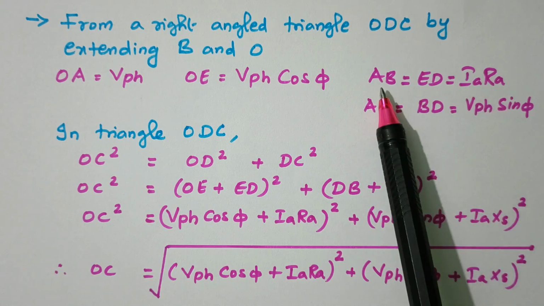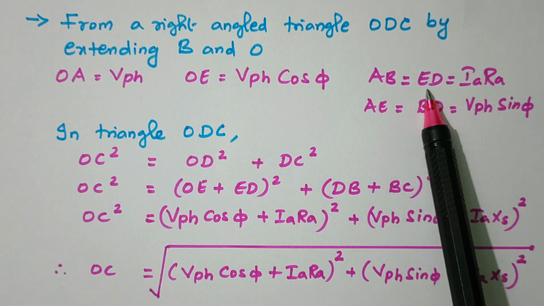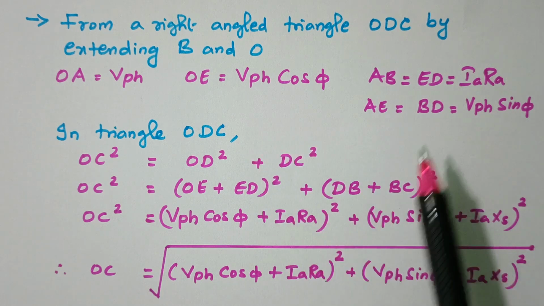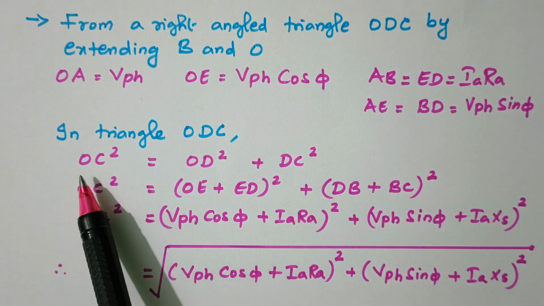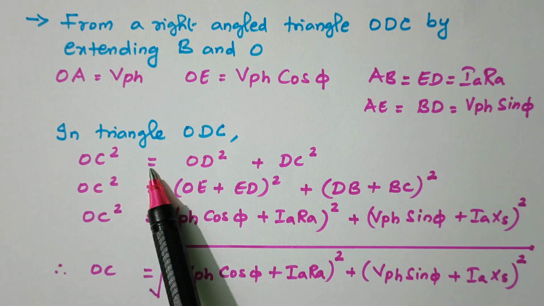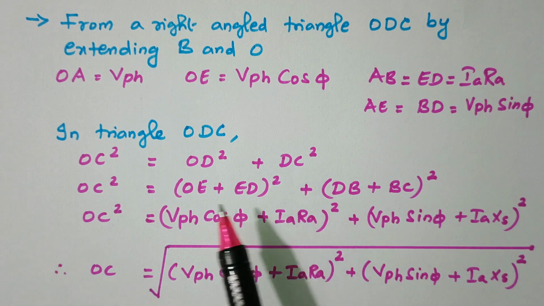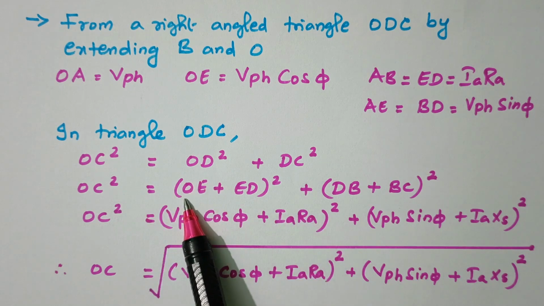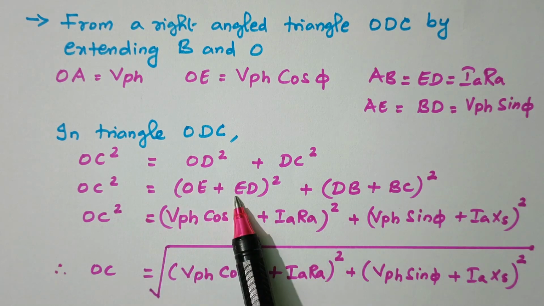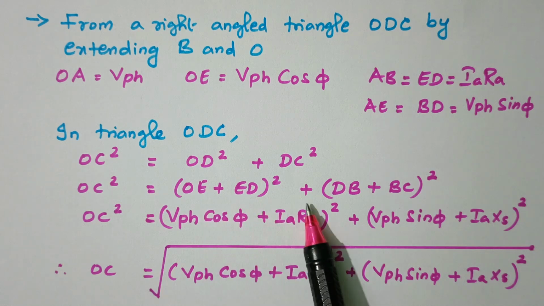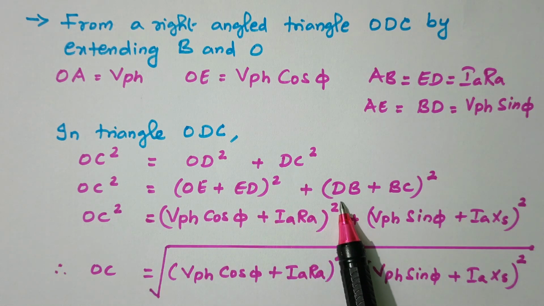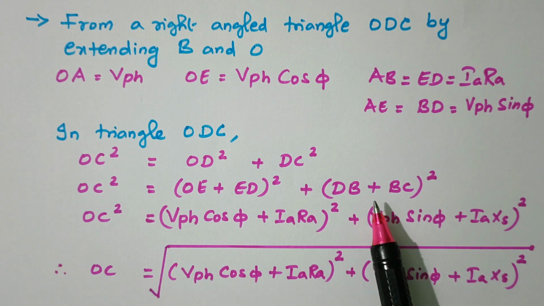IA RA is AB, that is equal to ED also. So this is the notation given. So from the triangle, OC square equals OD square plus DC square. OD can be written as OE plus ED, squared. DC is written as DB plus BC, squared.